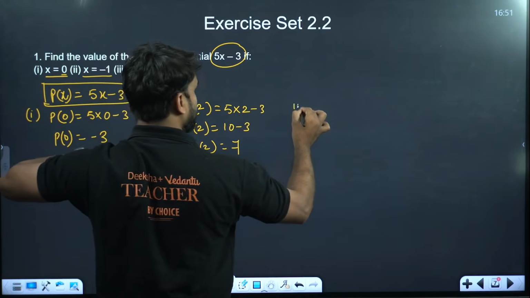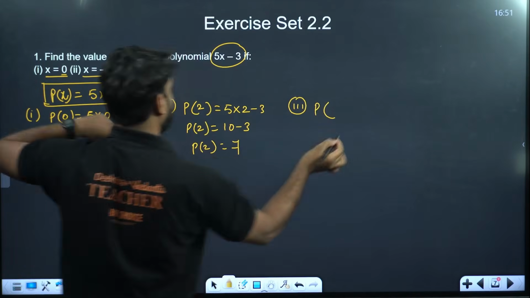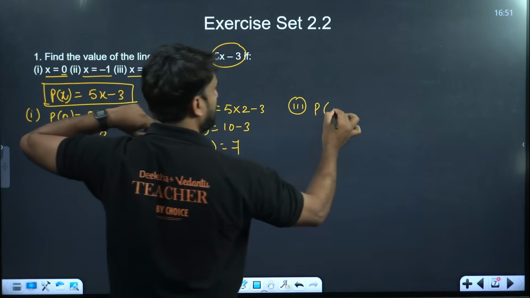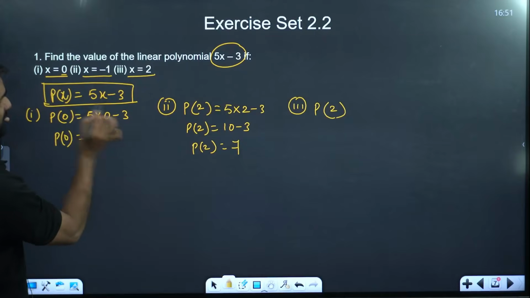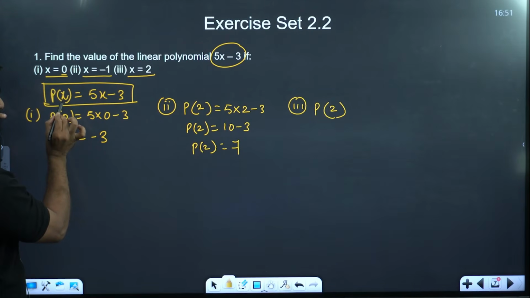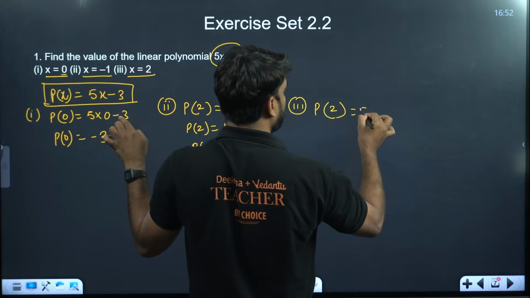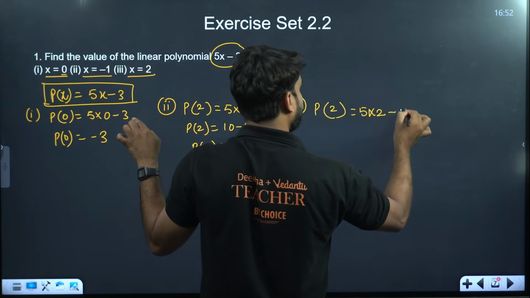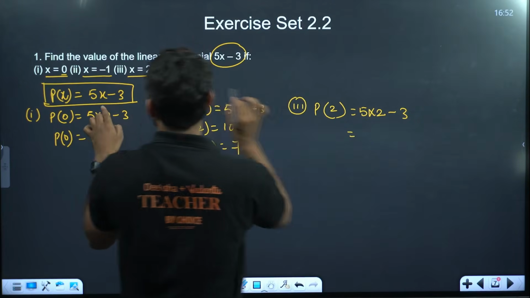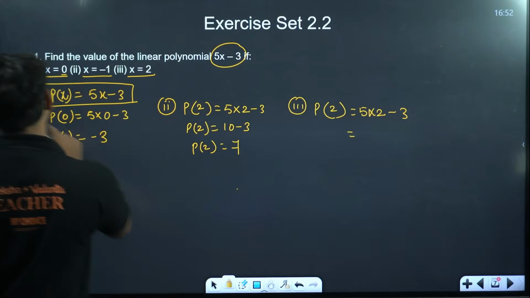Third question: the value of the polynomial at x equals 2. On putting x as 2, 5 into 2 minus 3. Sorry, the second question was minus 1, guys.